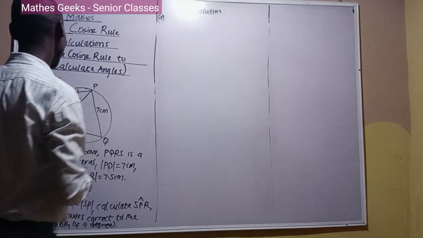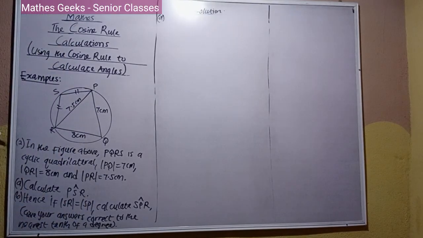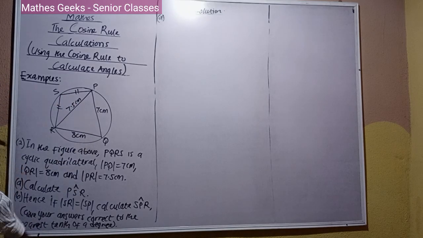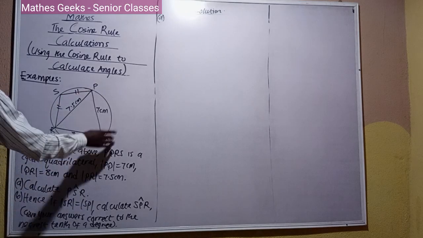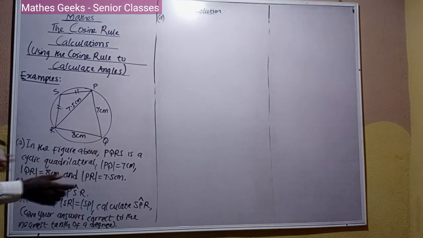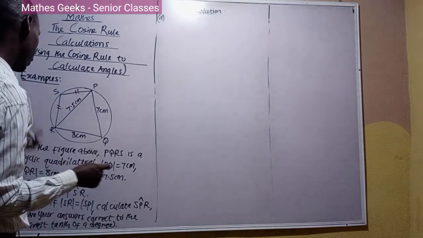So this is the case of a cyclic quadrilateral, and in cyclic quadrilateral we apply circle theorems. One of the theorems on cyclic quadrilateral is that opposite angles of a cyclic quadrilateral are supplementary, in the sense that angle PQR plus angle PSR are equal to 180 degrees. So we're going to use that.